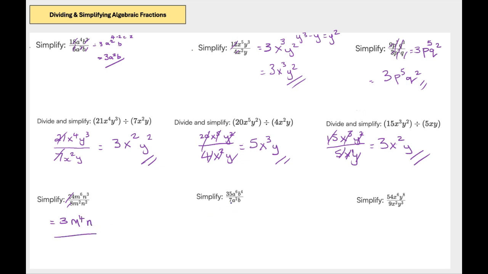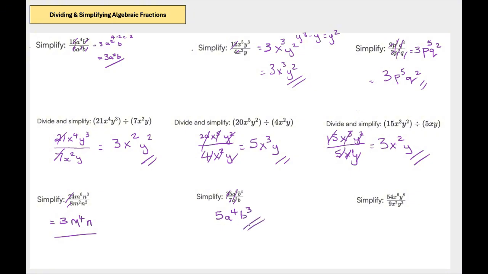Another one, 7 into 35. Well, that goes 5 times. A to the power of 6 subtract a to the power of 2 is a to the power of 4. And then we have b and b to the power of 4. Take away the b, gives us b to the power of 3.